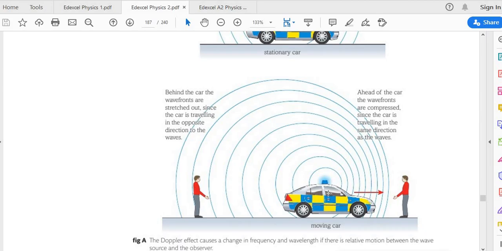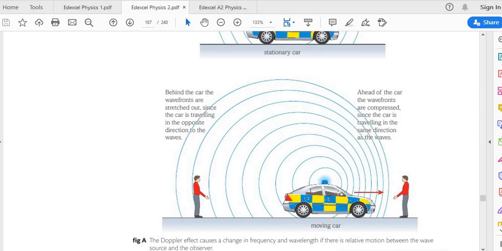If the car is stationary, both observers will observe the same frequencies as the source. But if an object is moving either towards or away from an observer, the observed frequencies or the observed wavelengths will be different. Okay, so they will feel a different pitch. They will have a different sensation of the pitch.